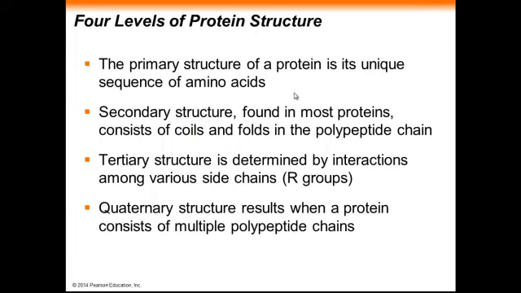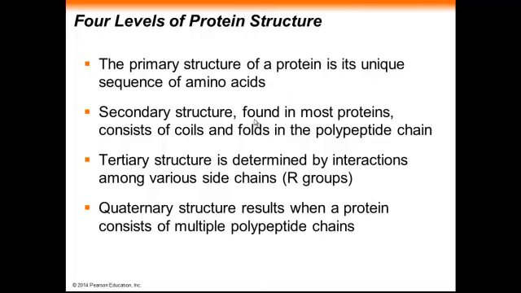And as we've already stated before, it's the structure of any molecule that leads to its function. Proteins exhibit more complex structure than the other molecules that we've looked at before. And we categorize protein structure into 4 levels: primary, secondary, tertiary, and quaternary. The primary structure is the sequence of amino acids, or put another way, the order in which they appear in the molecule.